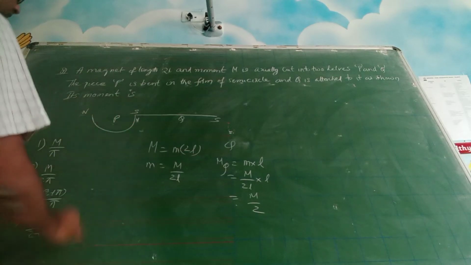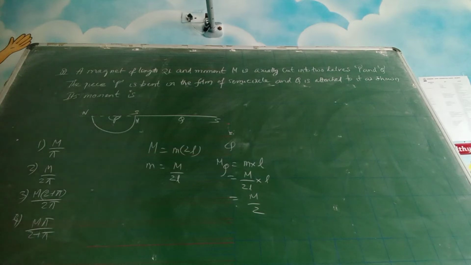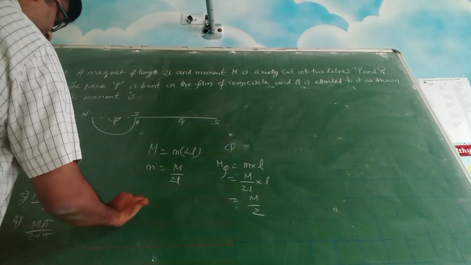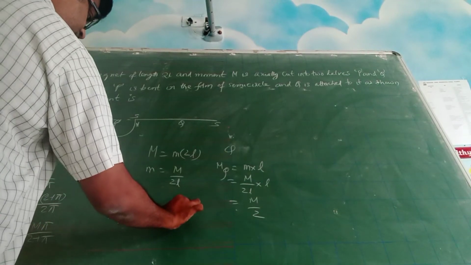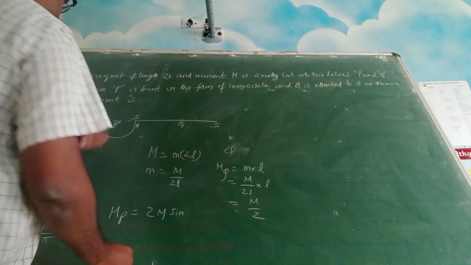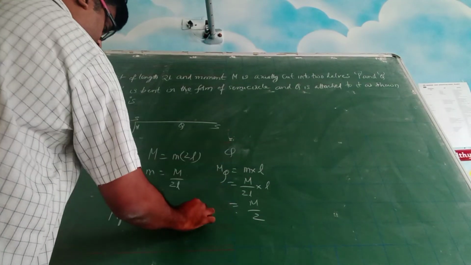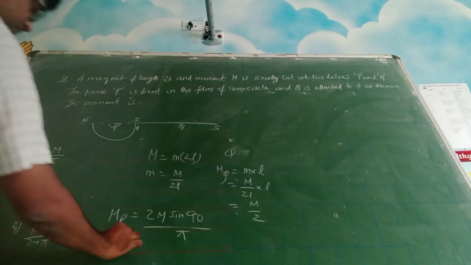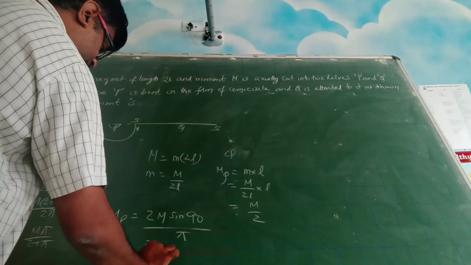It is bent in the form of a circle. So what is the angle here? The angle here is 180 degrees. So MP will be equal to 2m sine theta by 2, where theta is 180 degrees, so sine 90 divided by pi. Sine 90 is 1, so this becomes 2m by pi.